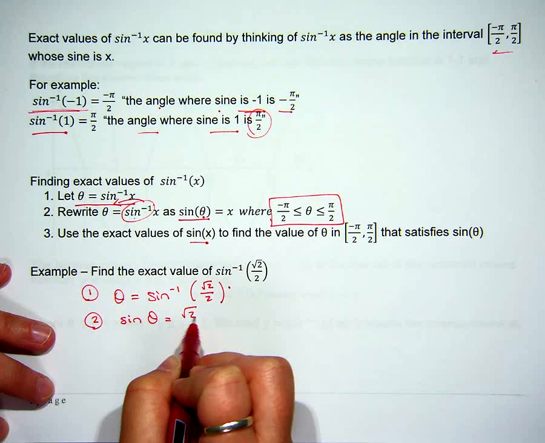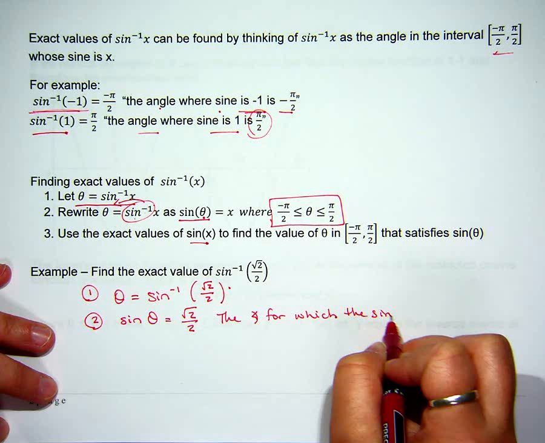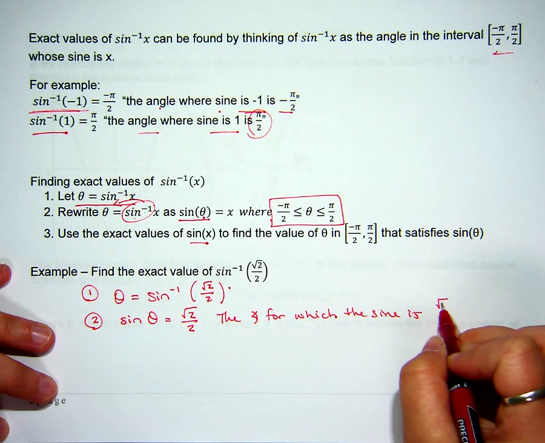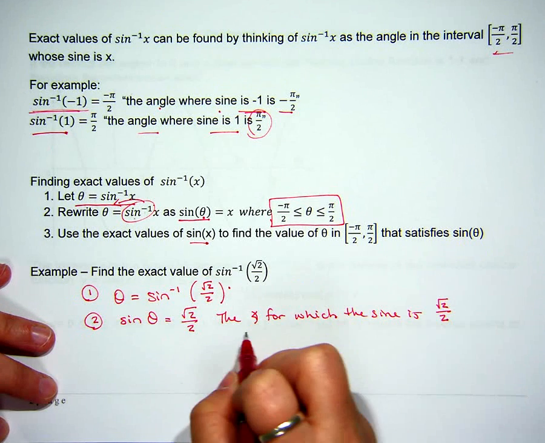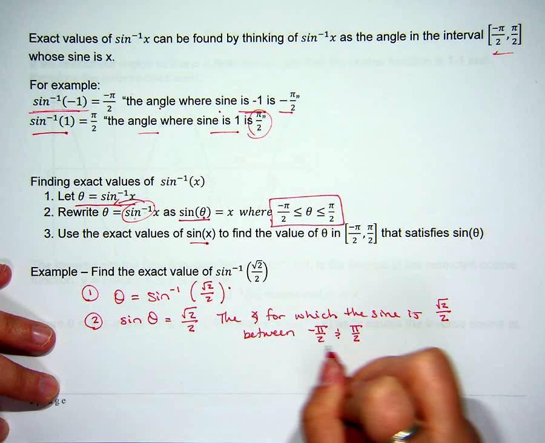The question is, what is the angle for which the sine is square root of 2 over 2 between negative pi over 2 and pi over 2? So you can write this between statement.